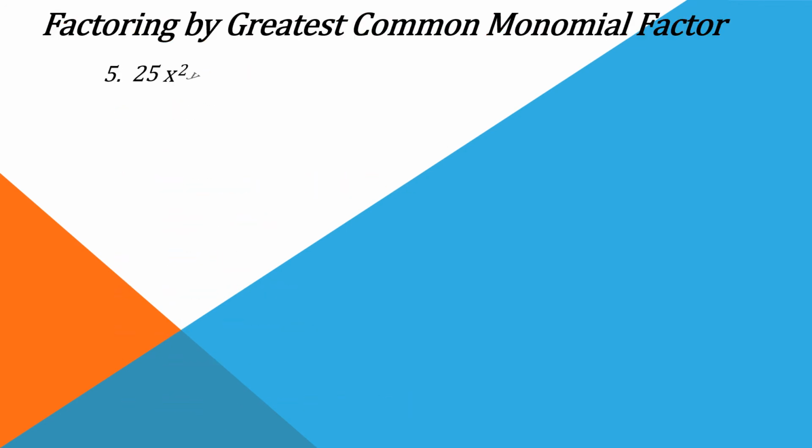Next example is 25x squared y cubed plus 55xy cubed. Again, we have two terms, and we take the numerical coefficient of 25. The possible factors of 25 are 1 multiplied by 25 and 5 multiplied by 5.